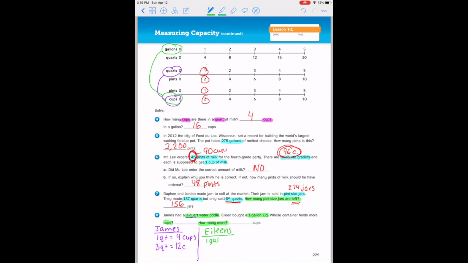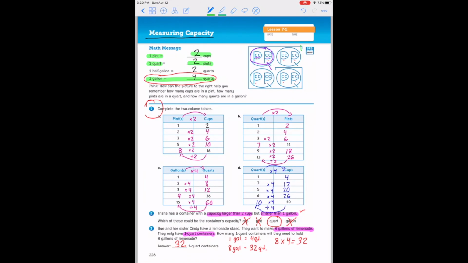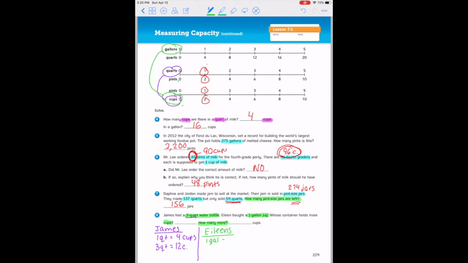Now, instead of doing the conversion from gallons to quarts, quarts to pints, pints to cups, you could just use the picture. And I know for every gallon, it has 2, 4, 6, 8, 10, 12, 14, 16 cups. So 1 gallon equals 16 cups.